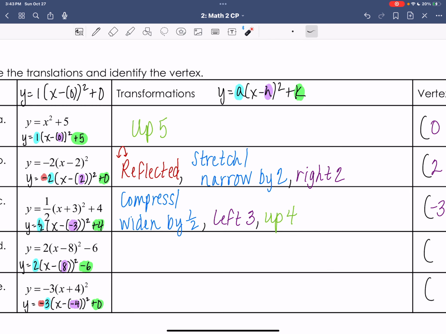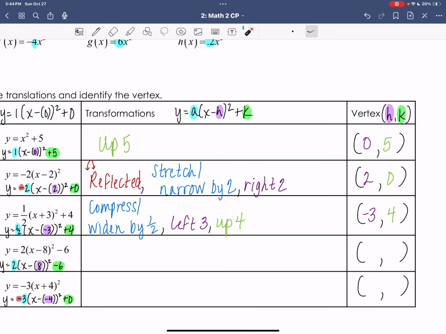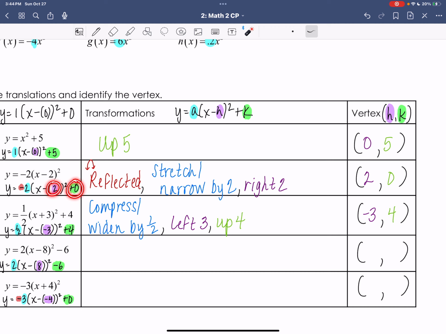So we say that it's stretched or narrow by 2. So that's what this means. And then remember, for H, it's really minus whatever is in here. So your H is actually positive 2, so that means that you go right 2. And there's no change here from 0 and 0, so it didn't go up or down at all.